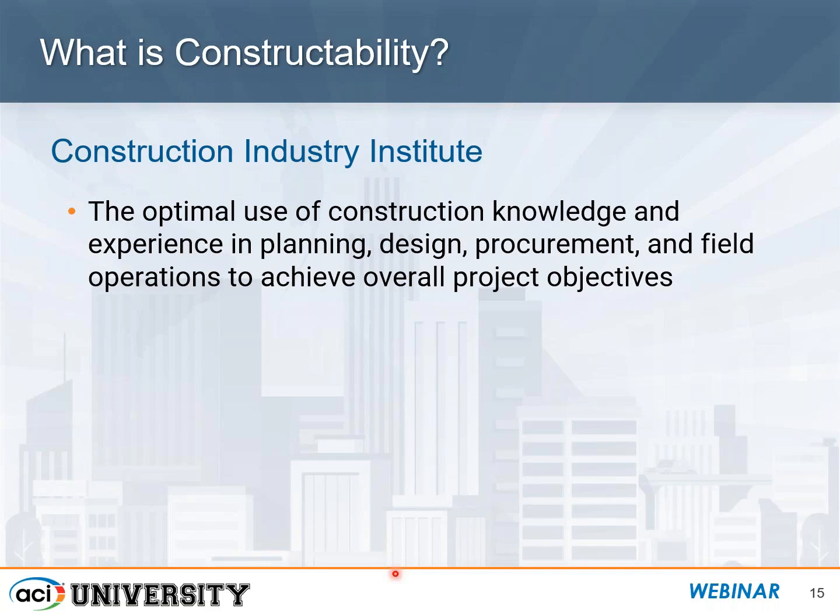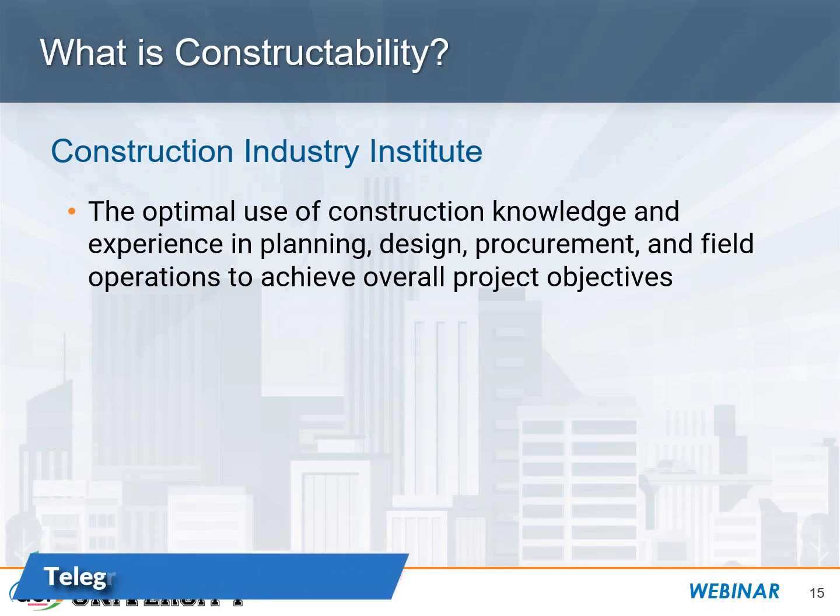Their goal is to try to enhance overall construction methods here in the United States. So you could read the definition here. Constructability is the optimal use of construction knowledge and experience in planning, design, procurement, and field operations to achieve overall project objectives. And I think in one sentence that basically says it all.